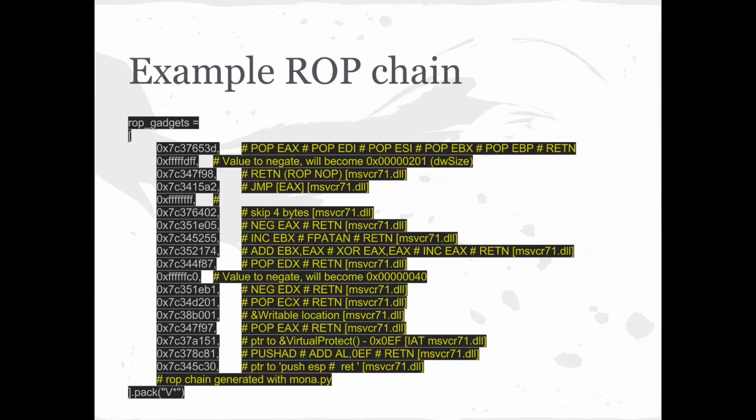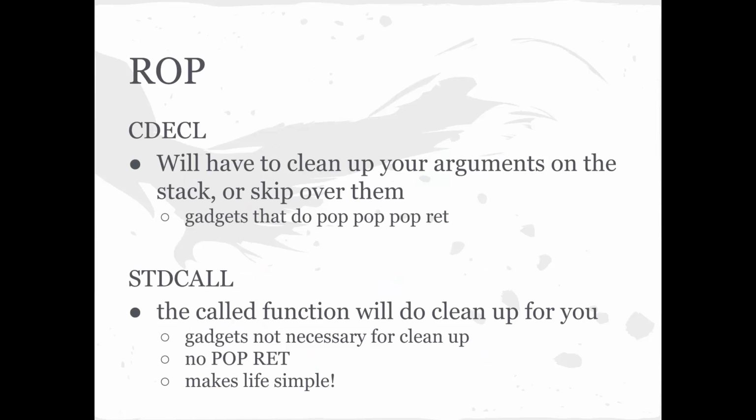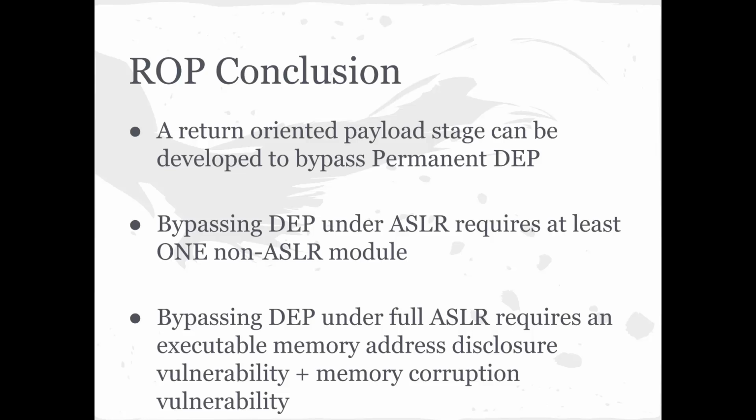So you have to be aware of the calling convention of the architecture that you are protecting, whether it's Linux or Windows, and how that will affect doing forensics against ROP chain exploits. So, like I said, calling conventions are important.